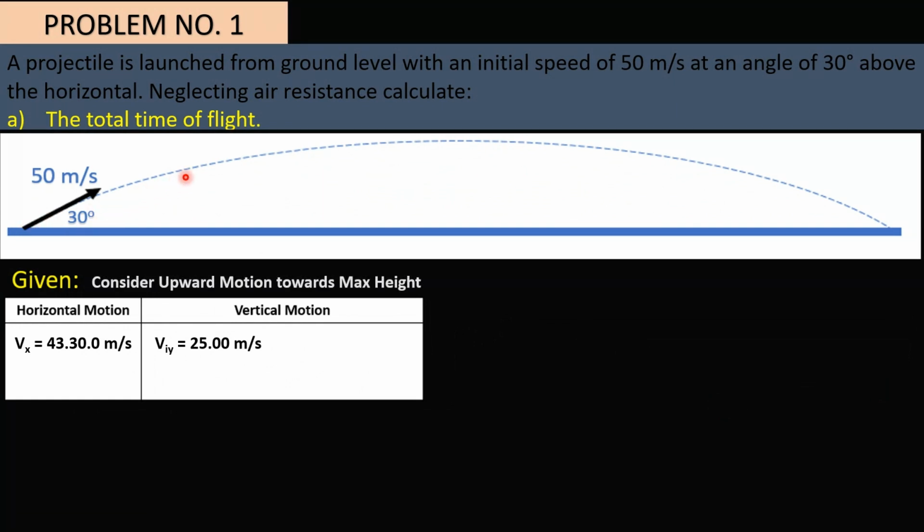For the time of flight, we will consider the time of the upward motion. The time of the upward motion is 1/2 of the total time. The vertical velocity at the top of the motion is 0, and we will use negative 9.81 meters per second squared for the acceleration, since its velocity is decreasing.